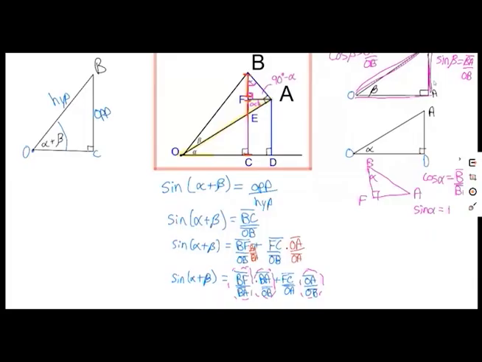Oh, what did we call it here? Oh, right. We need to make one more little switch before we can do that. No, let's write down the sine of alpha. Sine of alpha is going to be FA over BA.